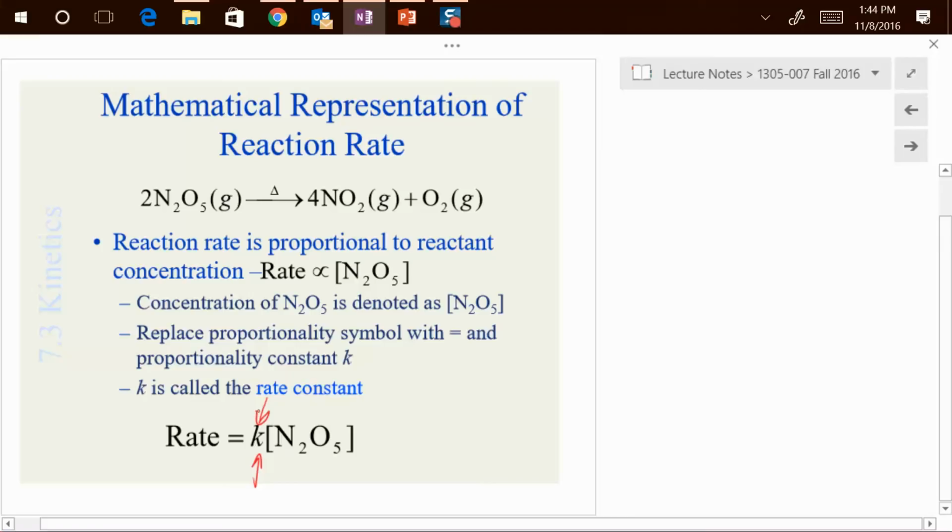Right there. Rate constant. Which is little k. All right? And so this rate is going to be equal to or based on the rate constant and the concentration of the reactant or reactants.